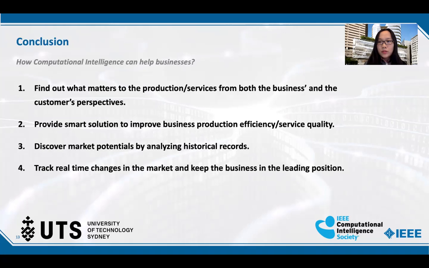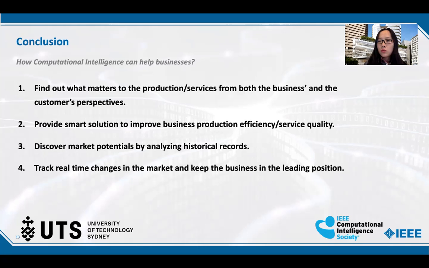So with these two applications, we can see that in Sydney Trains, our model can help Sydney Trains to make better schedule and management, and also help customers to have a better experience taking their journey.